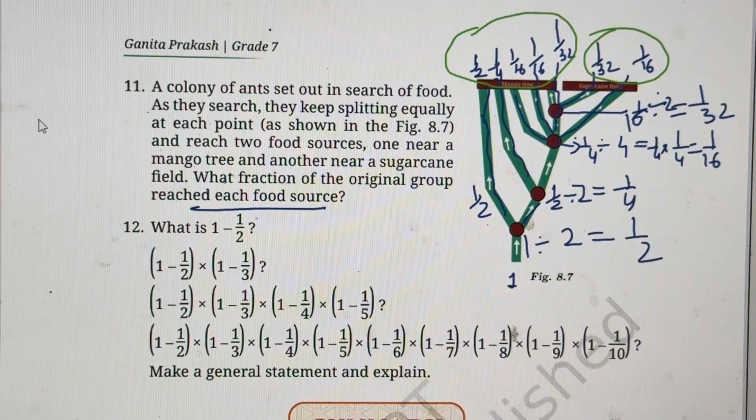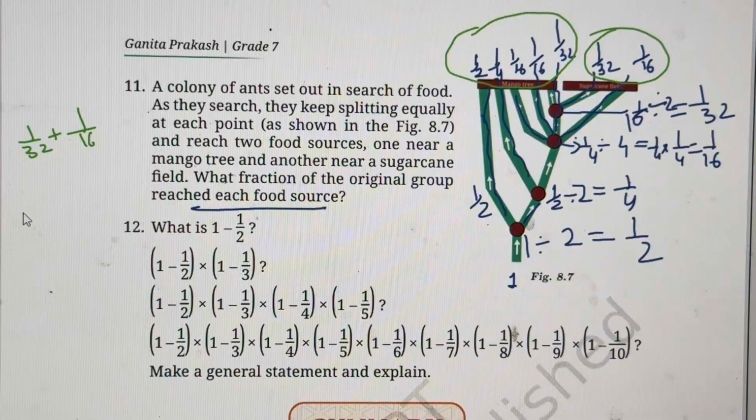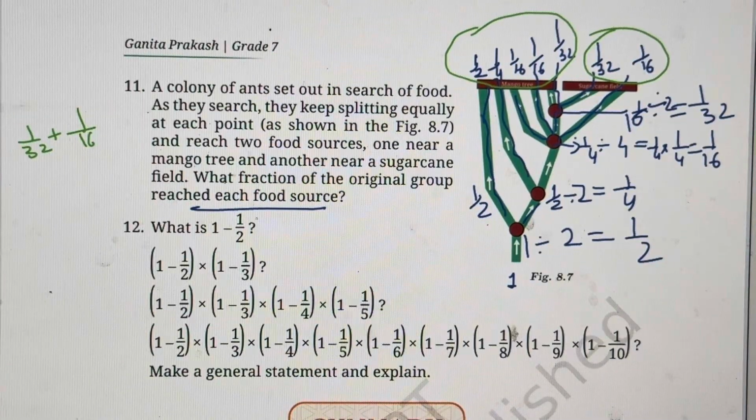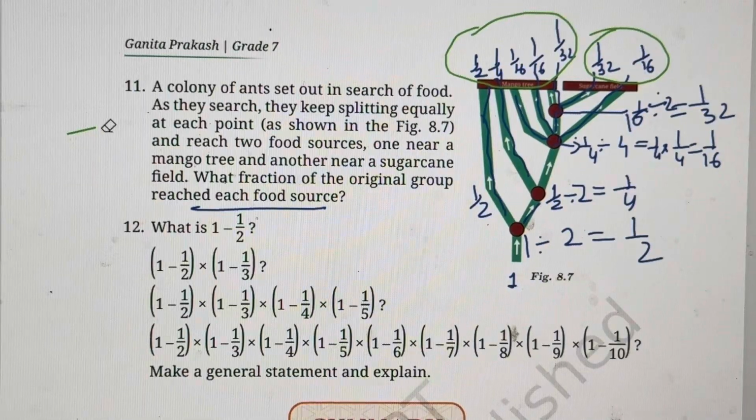So if I add 1 upon 32 plus 1 upon 16, let me show it on a fresh page. Now I used this diagram so that you understand very well. Both the ants have reached their destination.